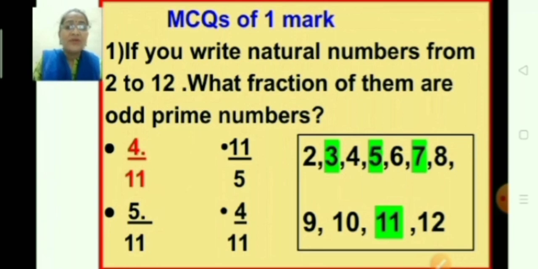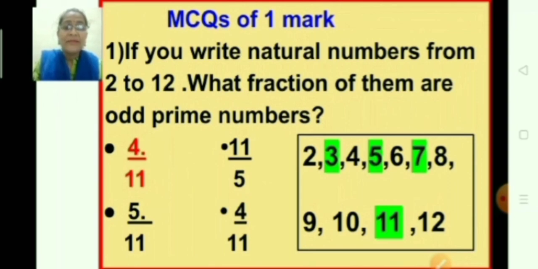Now here the total numbers from 2 to 12 are 11. And now we need to find the odd prime numbers among these numbers. I have not marked 2 here. 2 is a prime number, but it is not marked because it is an even prime number.